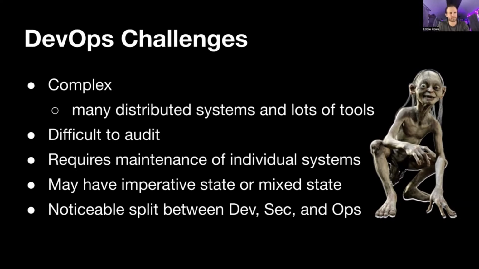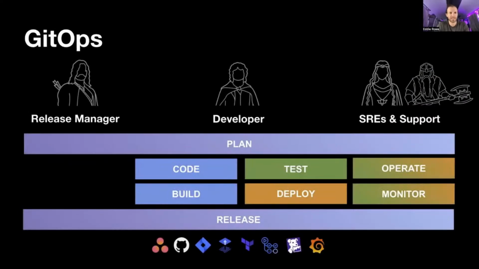This brings us to GitOps, the who and the how of this. Depending on the size and design of the organization, GitOps-style environments may have roles like release managers or project managers, developers, and SREs and support. A key differentiator that we'll see here is the utilization of GitHub as the primary connection point for facilitating the plan to release cycle.